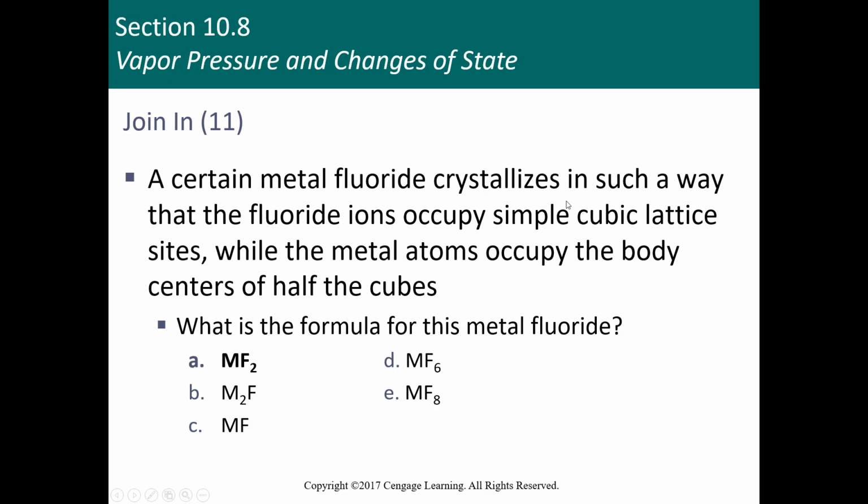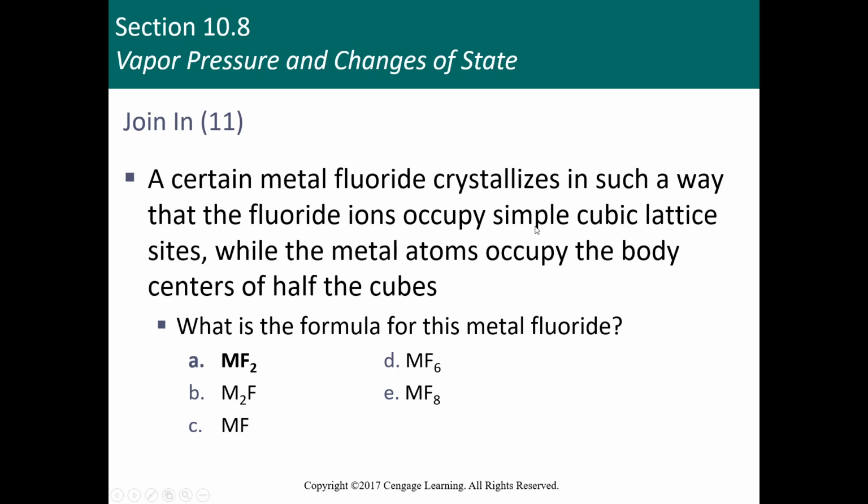That's 4 on the top, 4 on the bottom, so that's a total of 8 sites that it's occupying, each with an eighth in the simple cubic lattice. While the metal atoms occupy the body centers of half the cubes.